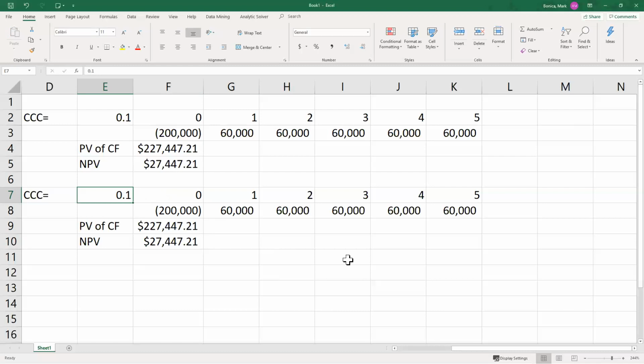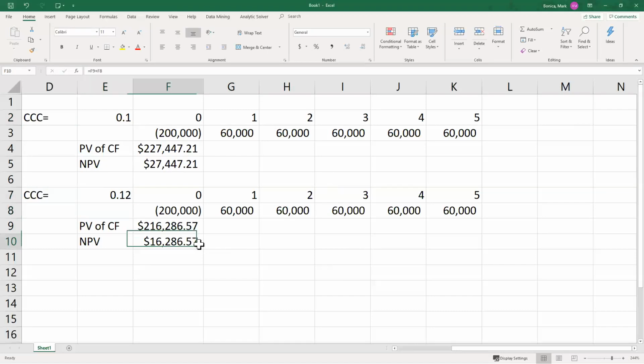So let's say this firm, for the average project, would have a 10% discount rate. When it looks at projects that are slightly higher risk, maybe it adds an extra 2%. So instead of using a corporate cost of capital of 10%, it would use 12%.